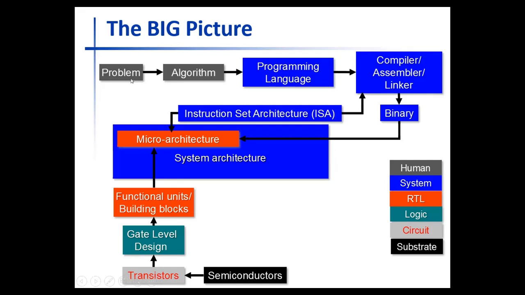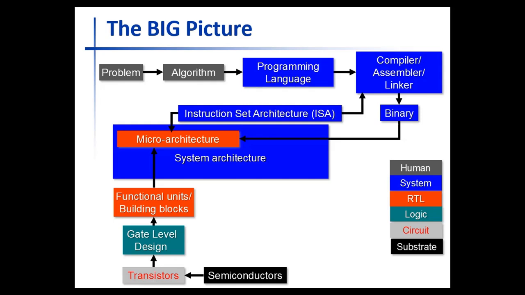As you are already familiar, computer systems, be it purely software or including hardware, are built to solve problems, right? You build a system to solve a problem, as in any engineering system.